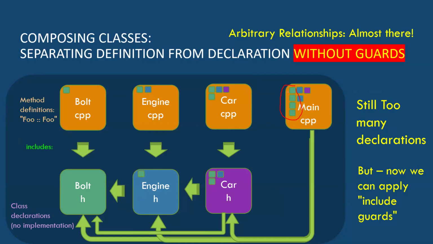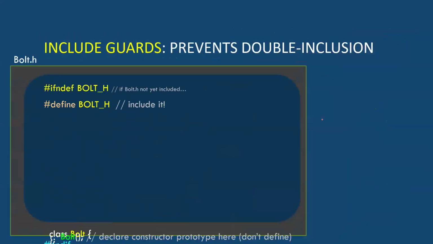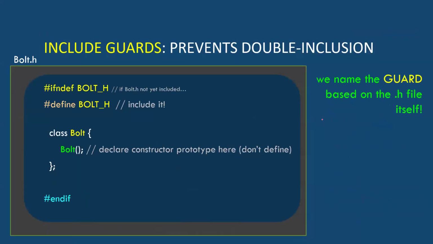And so we're accruing many, many copies of the bolt.h in our CPP eventually. All of these relationships result in many, many extra inclusions. And so without the include guards, we may not realize it, but we are stacking up duplicate definitions and the compiler hates that. So this little thing is the solution to that problem, okay?